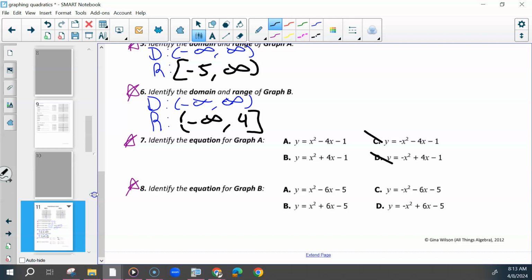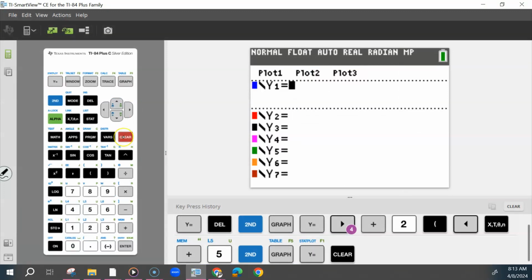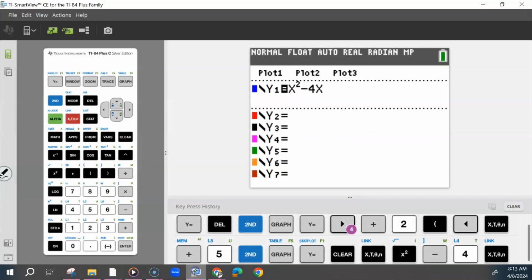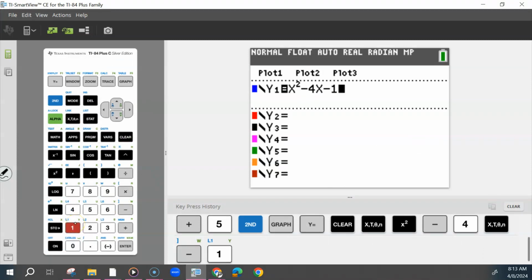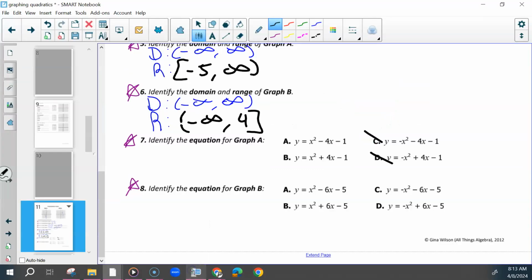So let's graph A. And I'm just going to look at the graph. Does this look like graph A? No, so then it's B.